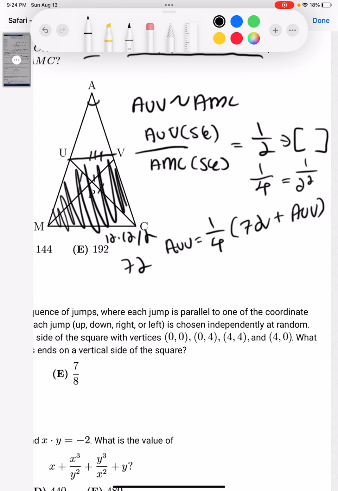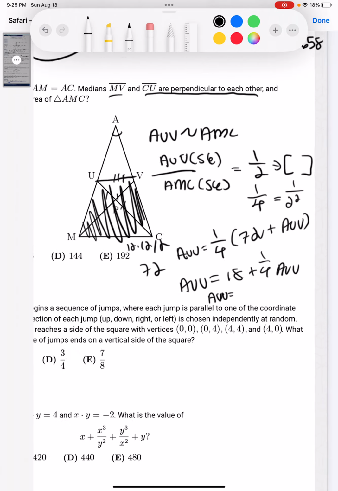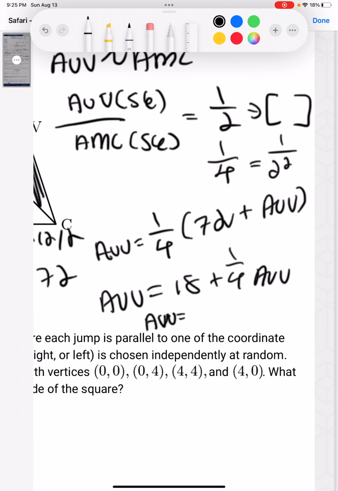Yeah, so it's obviously 18, sorry. 17 plus 1/4 times AUV. 3/4 AUV equals 18, which means AUV equals 32. Actually 34, because I want 33.